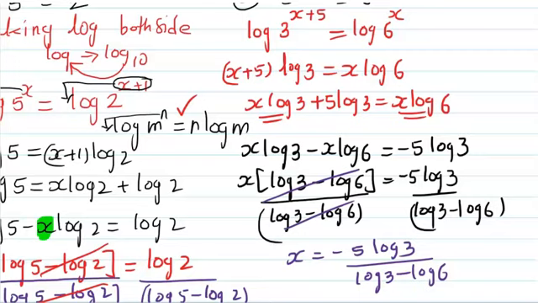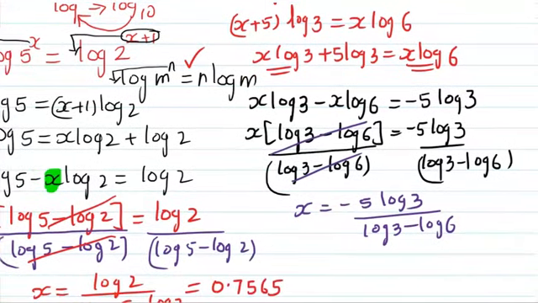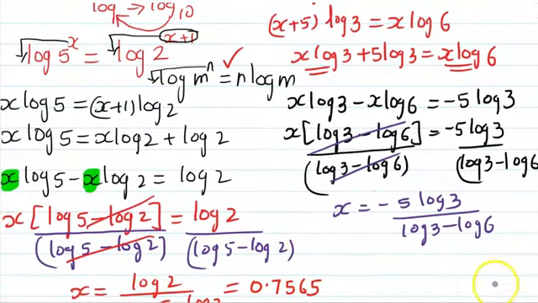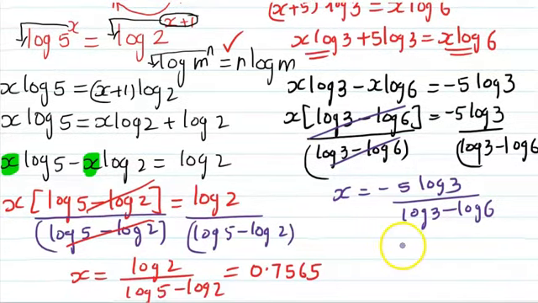Remember, here log is with base 10. Can you put this value in a calculator and see how much it is coming? 7.92. That's it here. Is that okay? And if you want to round it off, you can round it off unless it is asked otherwise. Is that okay? So that's the end of this lesson.